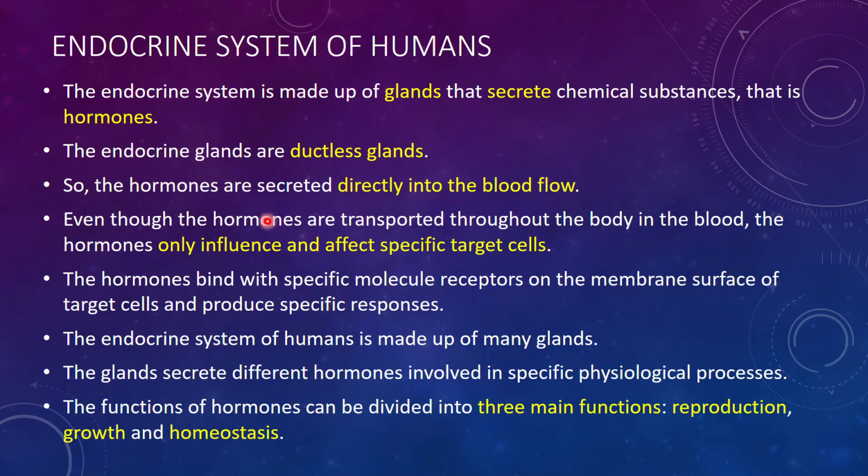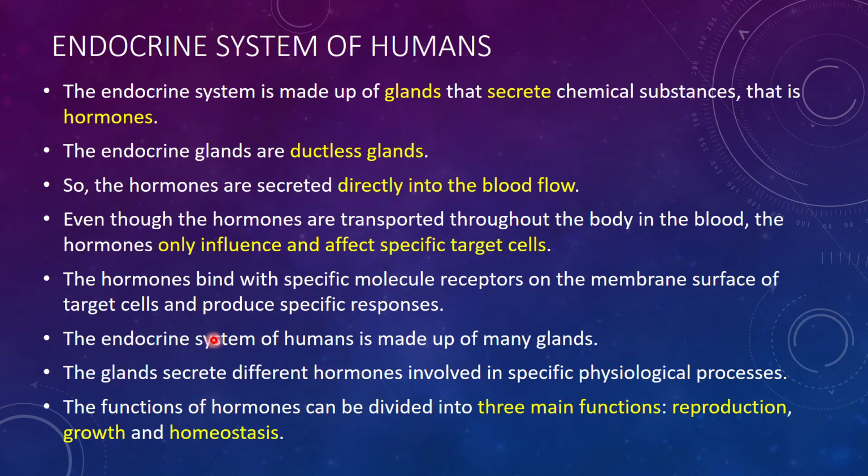Even though hormones are transported throughout the body in the blood, the hormones only influence and affect specific target cells. The hormones will bind with specific molecule receptors on the membrane surface of the target cells to produce specific reactions. So the response is still very specific.